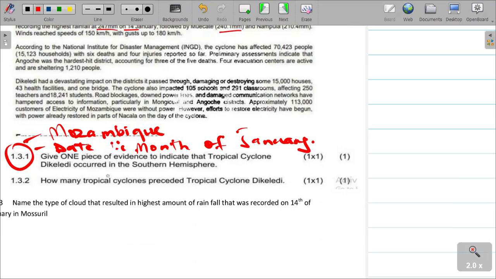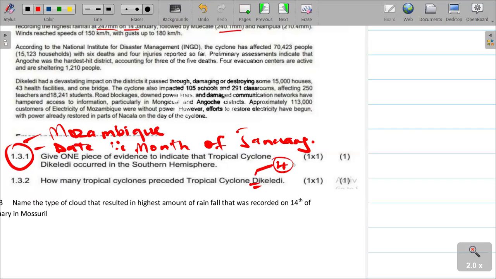How many tropical cyclones preceded tropical cyclone Dikeledi? Preceded meaning the ones which have happened before cyclone Dikeledi. How many cyclones have occurred before it? So we said this cyclone was cyclone number 4.